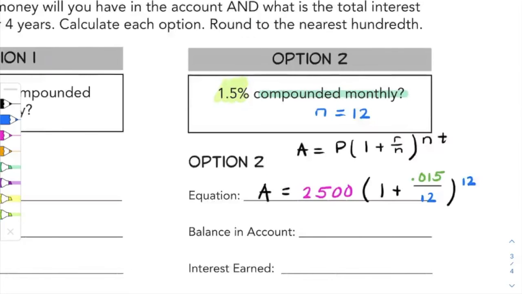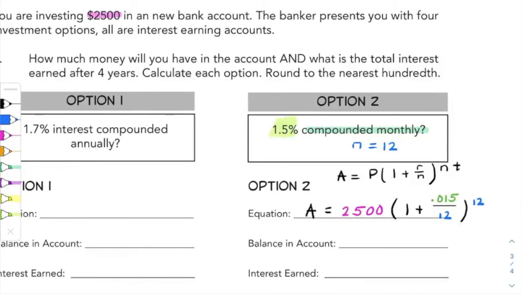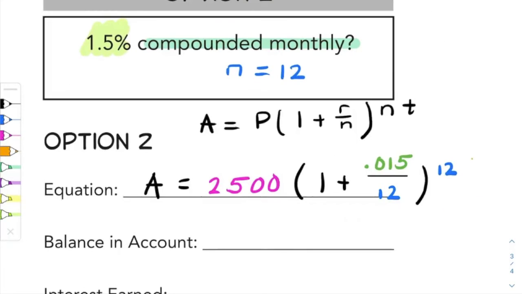And then for time, it indicates we're looking to see how much you earn in your account after 4 years. So the time is 4. If we type this into our calculator, the balance in our account after 4 years is going to be approximately $2,654.49. So that's how much you would have total.